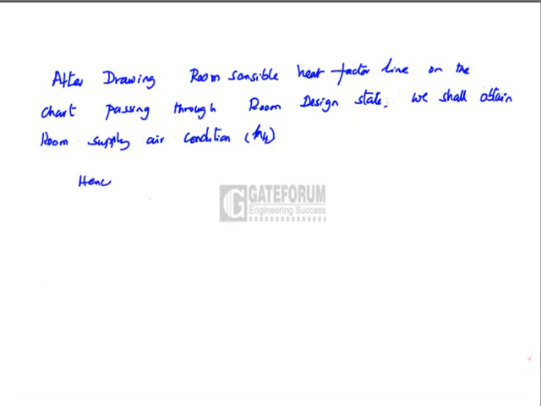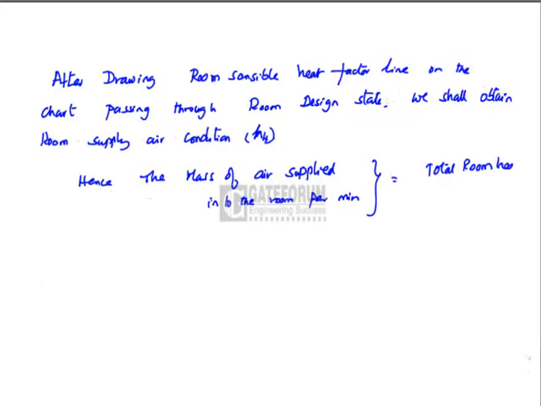Hence, the mass of air supplied into the room per minute is equal to total room heat load in kilojoule per minute divided by the heat picked up by 1 kg of room supply air, that is H1 minus H4.